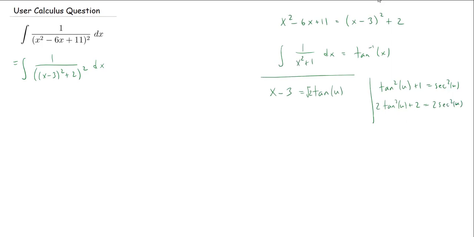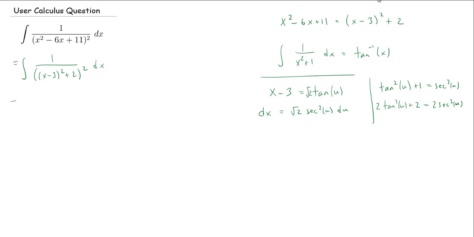So that's where the inspiration for this root 2 is coming from. All right. Now, of course, I'm going to have to change this dx, so I might as well compute that now. Derivative of x minus 3 is just 1, so dx is equal to the square root of 2 times the derivative of tangent, which is secant squared, and then I get du.